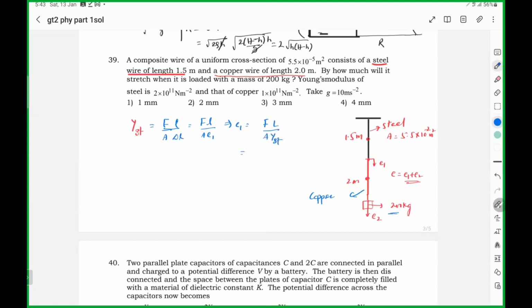F here is the 200 kg weight, the length of the wire is 1.5 meter, then the area of cross section, and Young's modulus of steel.